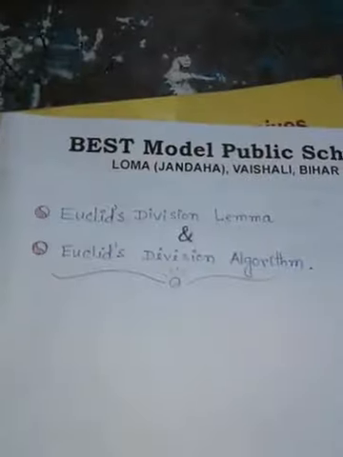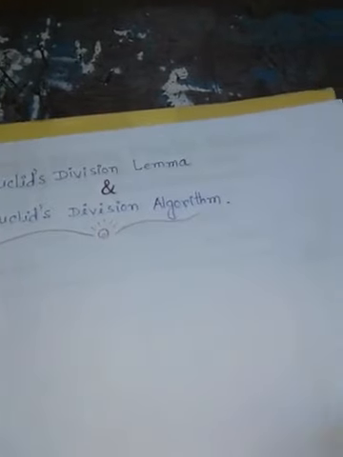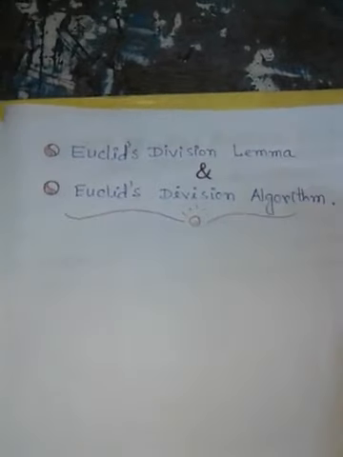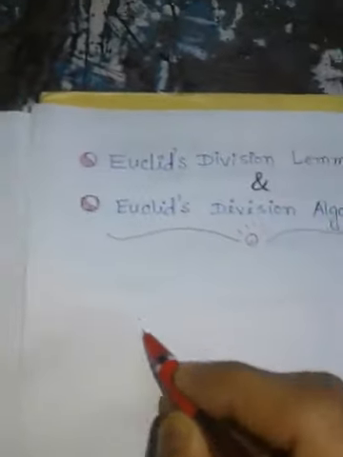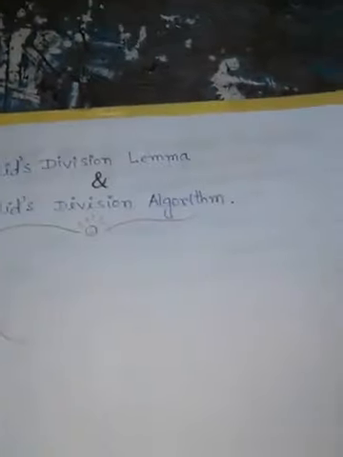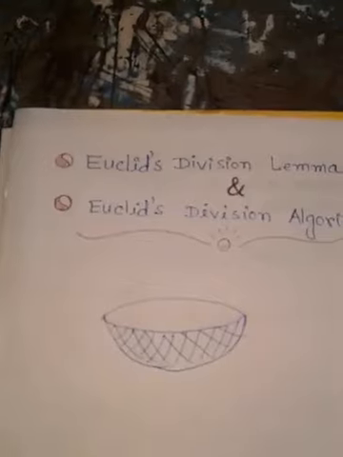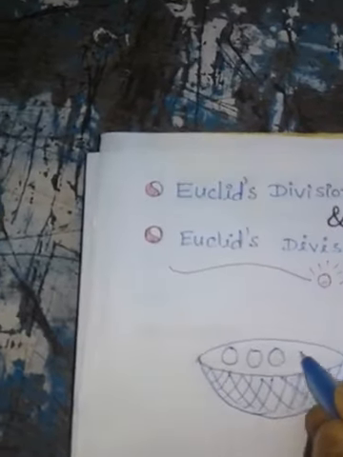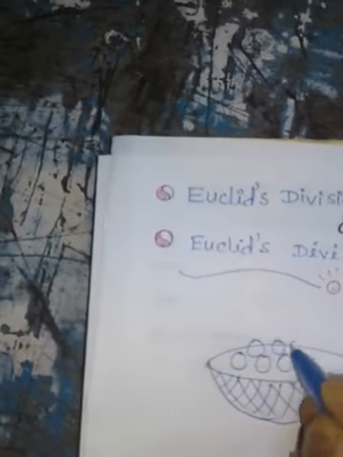Now, Euclid's division lemma. First, we take a real life example. Suppose we have a basket which contains 7 oranges.